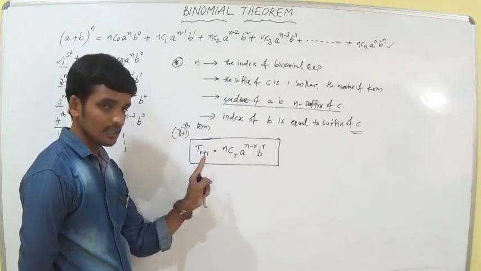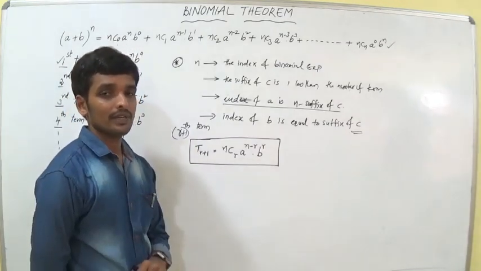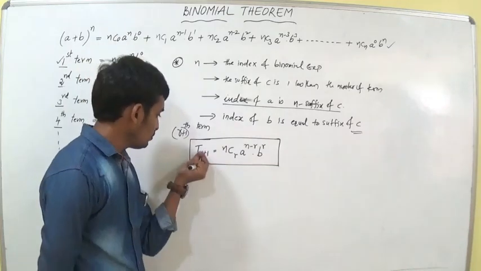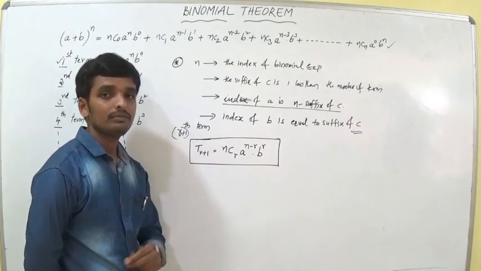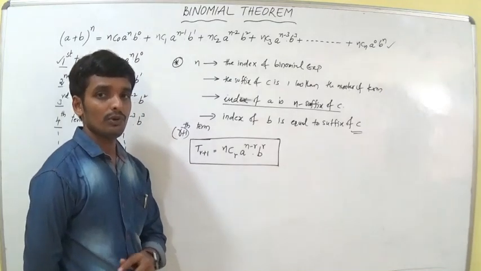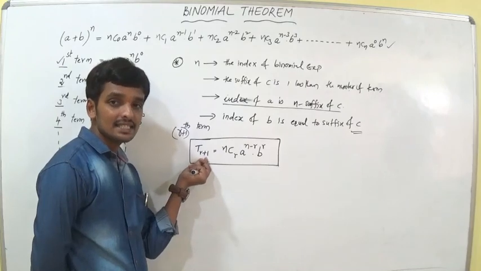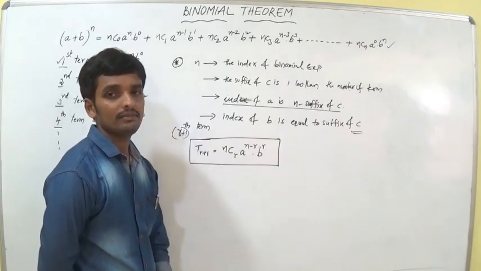T1 is then the first term. If you want the second term, you take 1 plus 1, so r is equal to 1. If you want the 17th term, then r is equal to 16, because 16 plus 1 is 17.